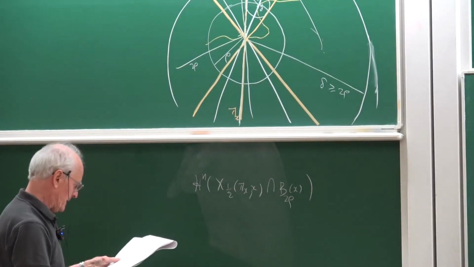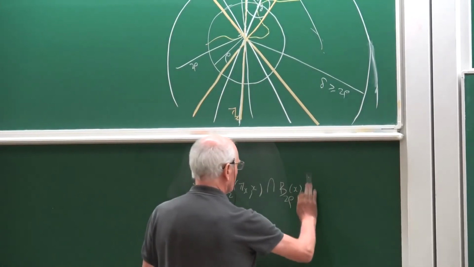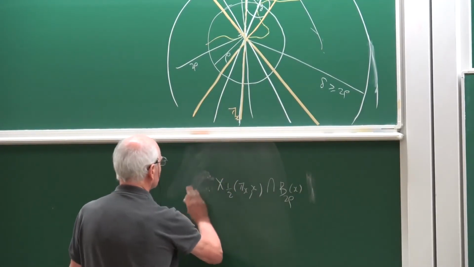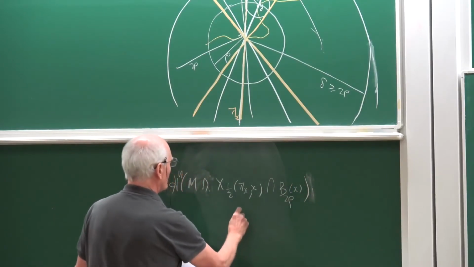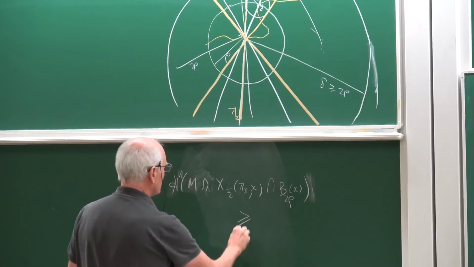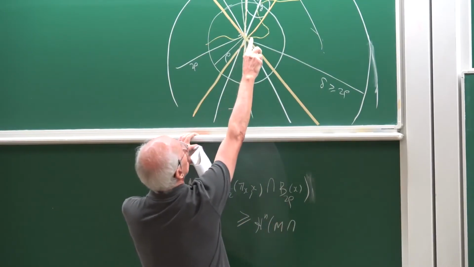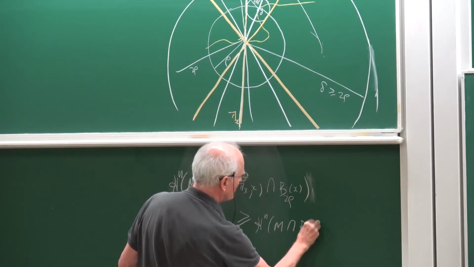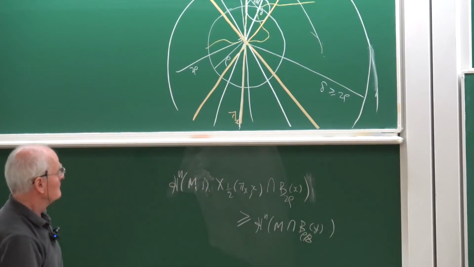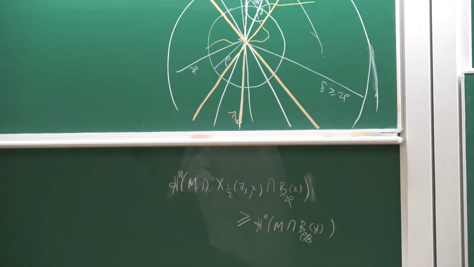That π_x intersect B_2ρ intersect M would then be bigger than or equal to H^n of M intersect this ball of radius ρ/8 centered at y. By that inclusion that we just proved, this one. Yeah, there it is, 2ρ. So it would be bigger than or equal to that.